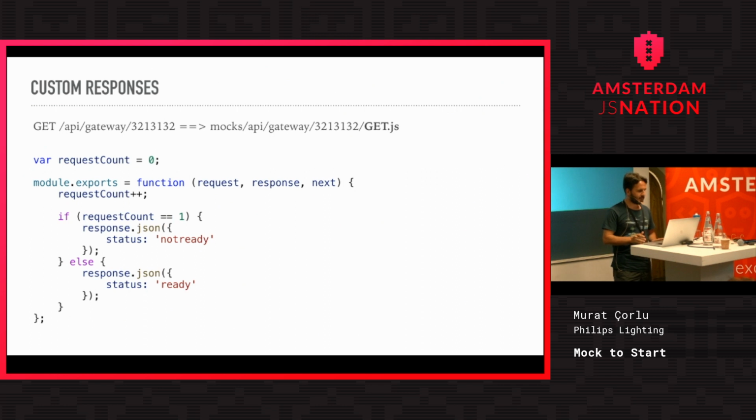Also, because Connect API Mocker is just a Connect middleware, we are actually opening a Connect server, so it's a server instance. So it's also possible to store some in-memory variables, and like this example, you can send different answers depending on the request count.